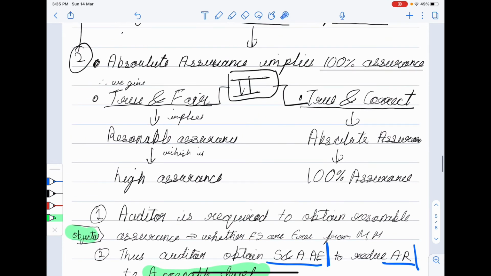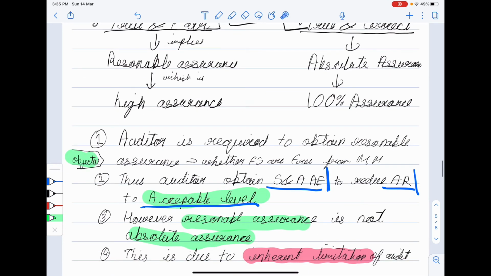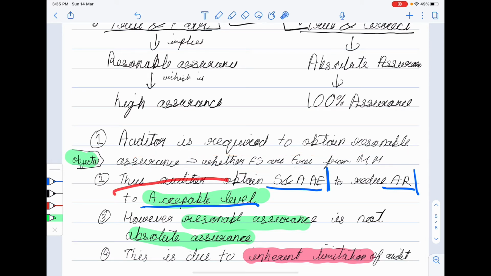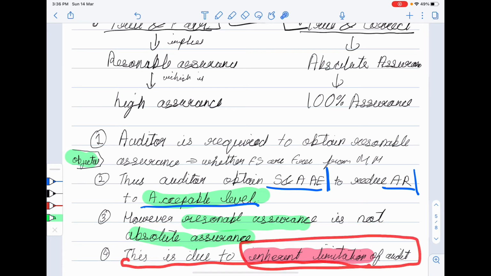Then second, you need to explain what is true and fair and true and correct for absolute and reasonable assurance. So the auditor is required to obtain reasonable assurance whether financial statements are free from material misstatement. Thus the auditor obtains sufficient and appropriate audit evidence to reduce audit risk to an acceptably low level. However, reasonable assurance is not absolute assurance. This is due to the inherent limitations of audit.